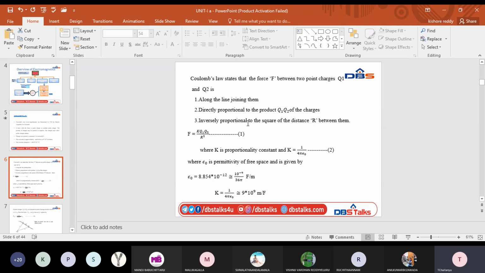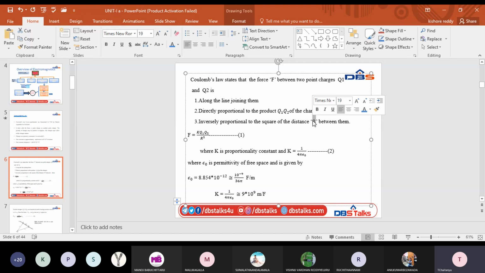According to Coulomb's law, the force is directly proportional to the product of the two charges and inversely proportional to the square of the distance between the charges. Let us consider the distance is r between the two charges.